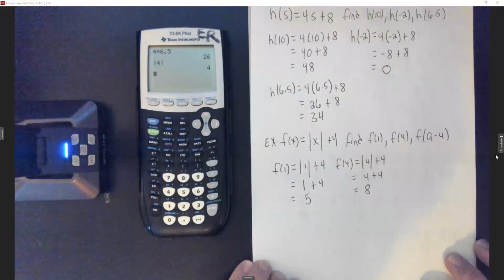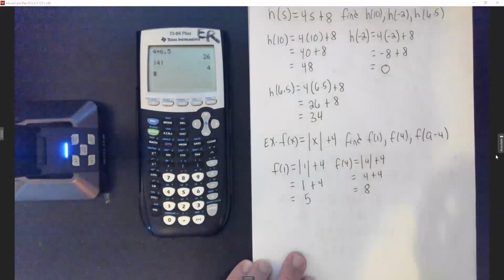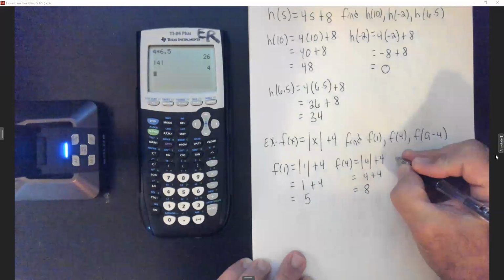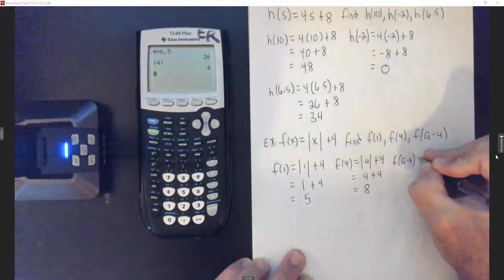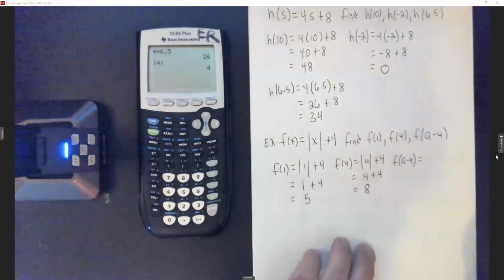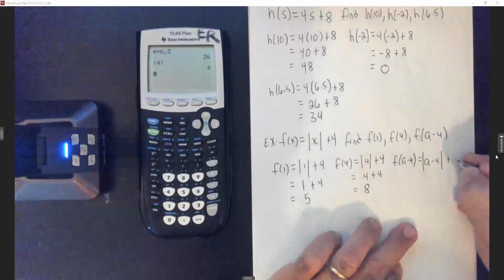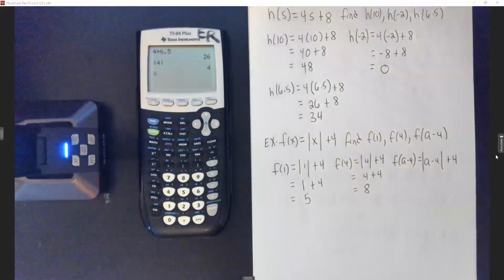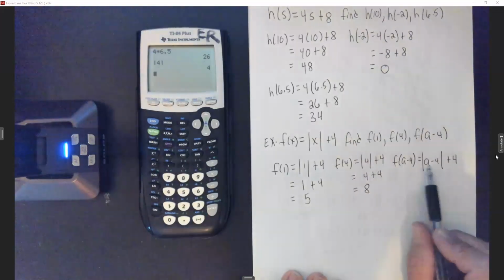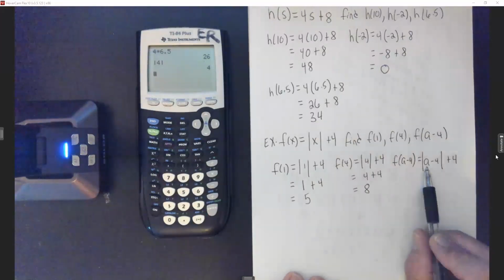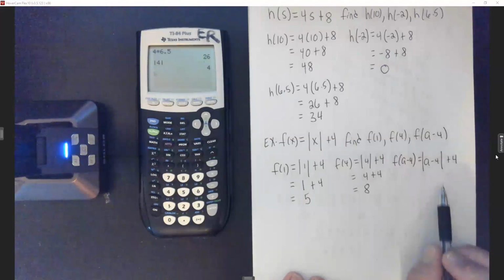All right, what was next? f of a minus 4. I didn't really like this one too much because we're going to put an a minus 4 in the parentheses, and then we have a plus 4 on the outside. What happens on this problem, though? We cannot simplify this. If a is negative, this will come out positive.